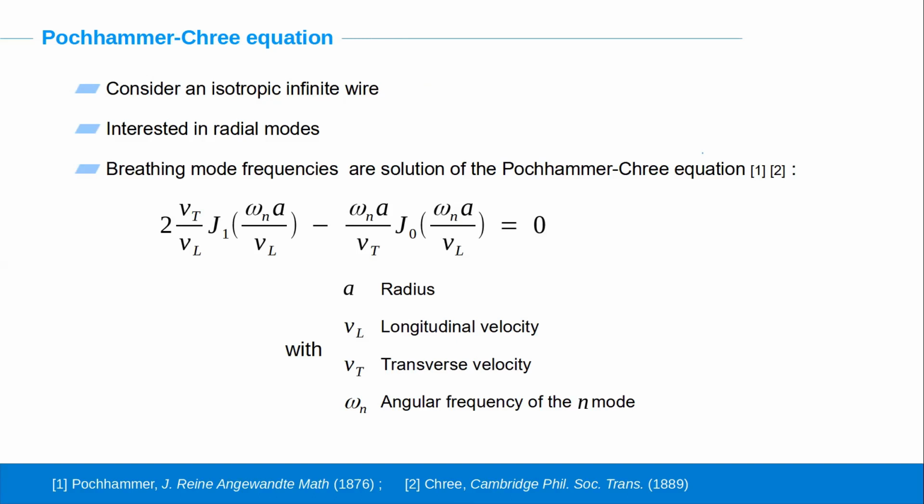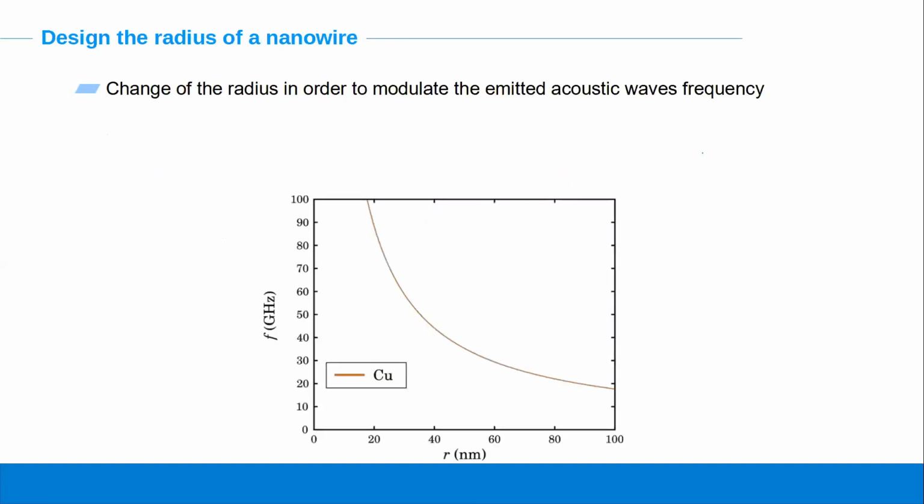So if you want to use nanowires as nano-sources, we can easily tune the frequency by changing, for example, the radius of the wire. And so we have a large number of frequencies we can have.